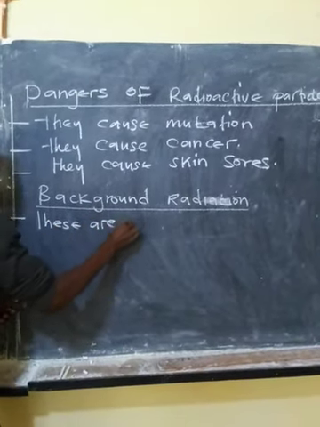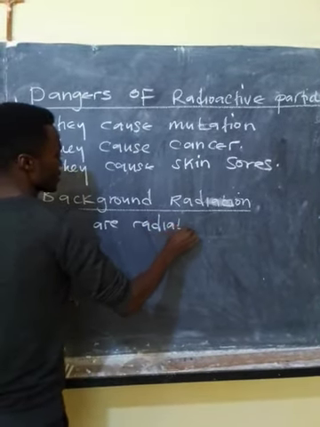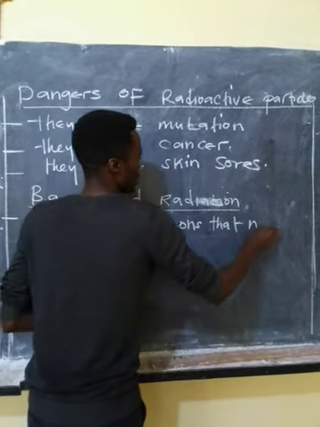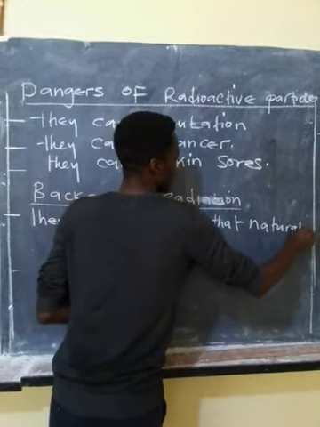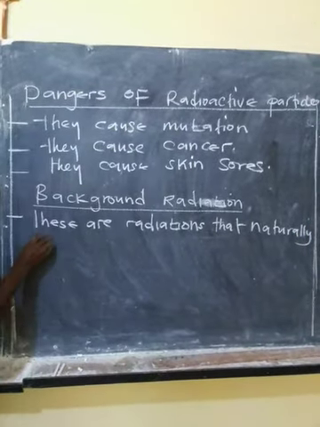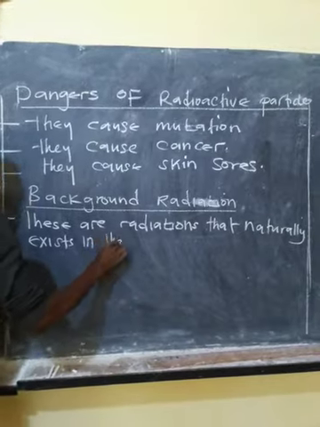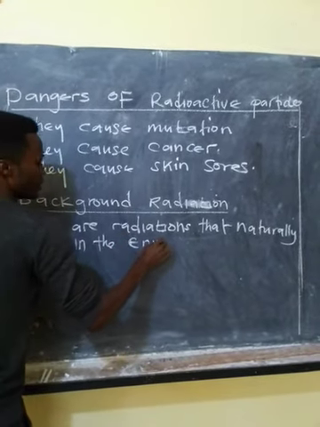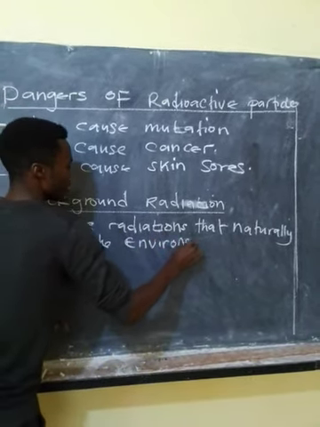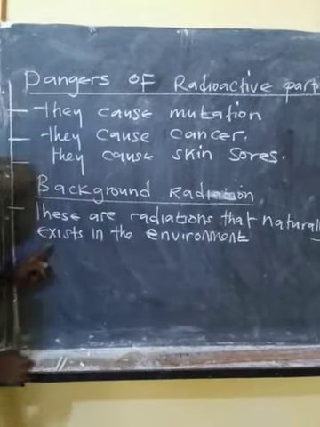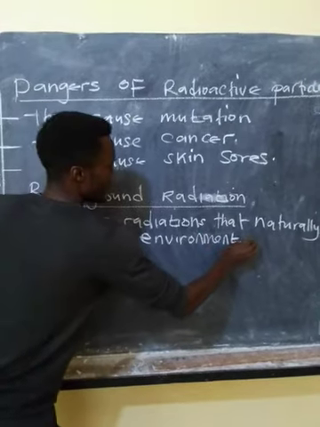So we can define this as: these are radiations that naturally exist in the environment. So they just naturally exist in the environment.